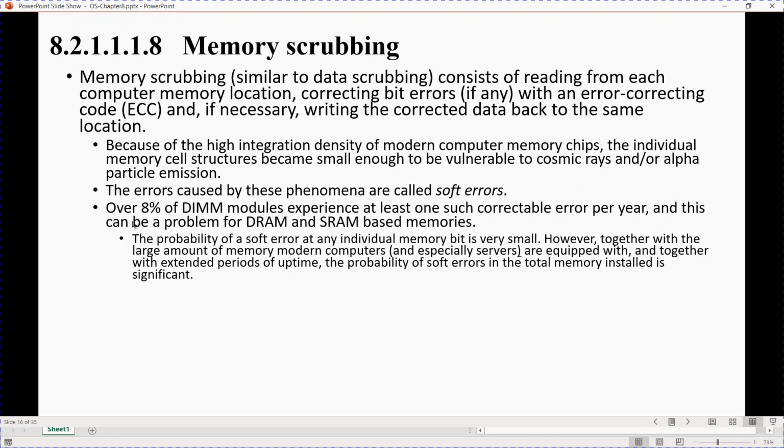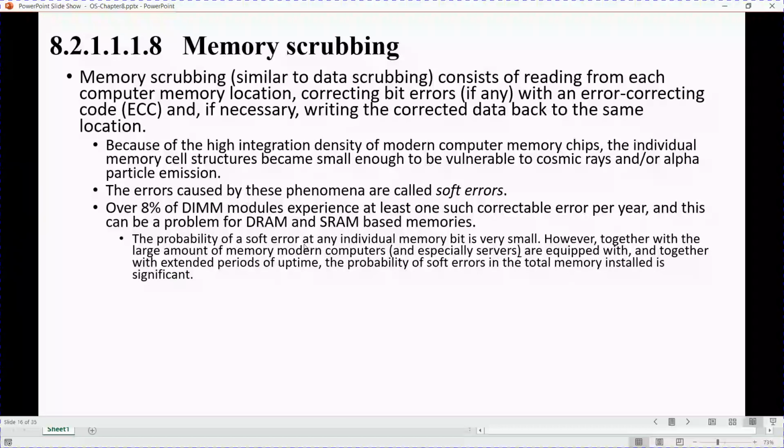Over 8% of the memory modules will have at least one correctable error per year. This can be a problem for large systems, especially large sensitive systems.